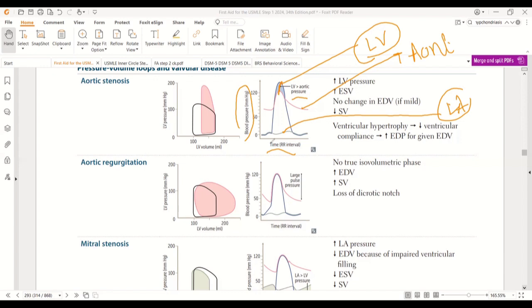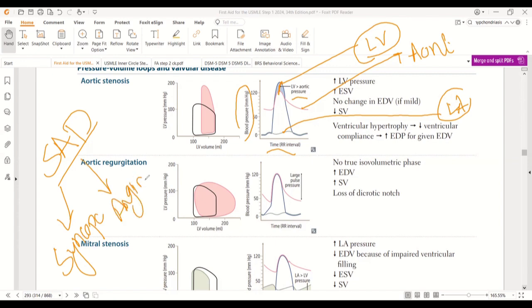I will ask you a question. They give you the clinical vignette of aortic stenosis. How does aortic stenosis present? What is SAD? Syncope, angina, and dyspnea, right?